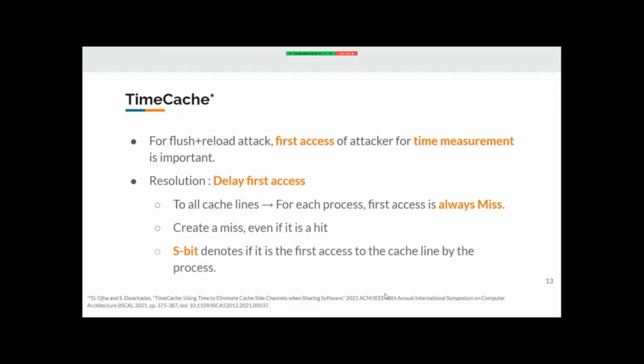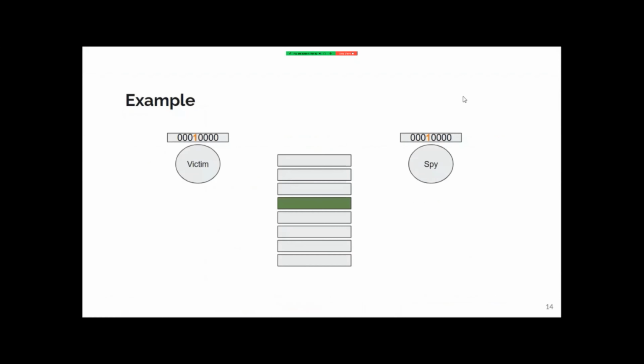SBIT is used to track if it is the first access of a process to a cache line. Let's assume a cache line of interest is already in cache, and SBIT is set for both spy and victim. The spy flushes this address, resulting in the SBIT for this cache line to be unset for both spy and victim. Now if the victim accesses the cache line, it will be a miss.